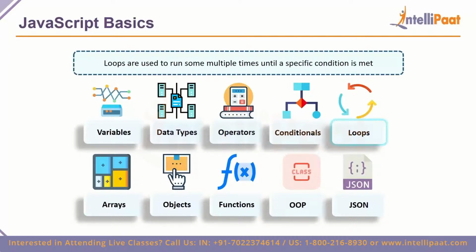Now let's take a look at loops. Loops are used to run multiple times until a specific condition is met. So let's say that you have some code that you want to run multiple times until a specific condition gets met. Let's say that you want to print the multiplication table of a number that the user enters. Now for that, you could write 10 console.log statements, in each of which you will increment the number you're multiplying by.